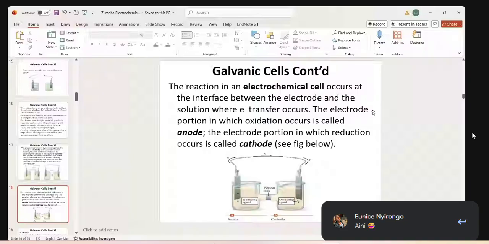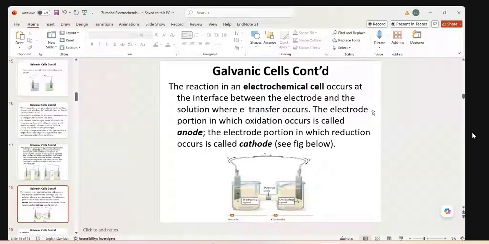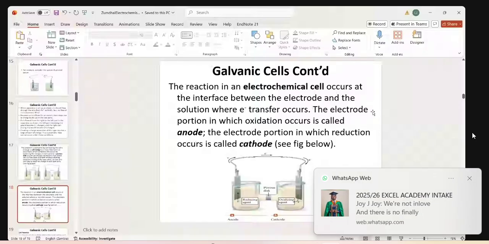So the reduction potential for hydrogen is sometimes called SHE, which is the standard hydrogen cell potential or electrode, the standard hydrogen electrode.